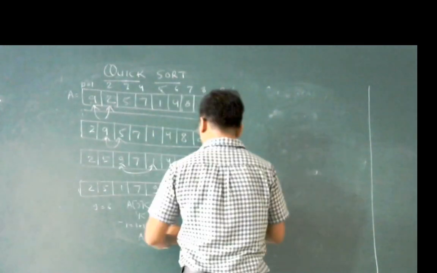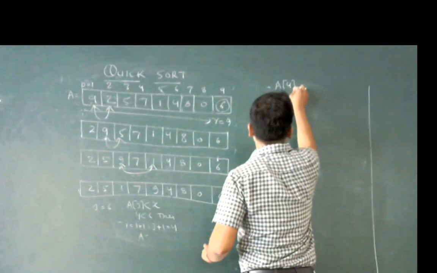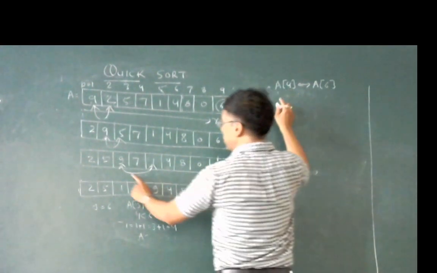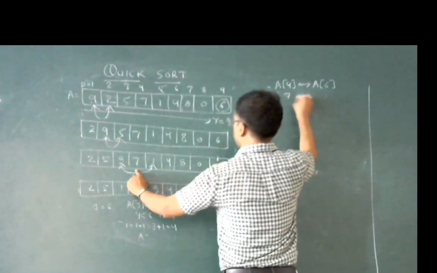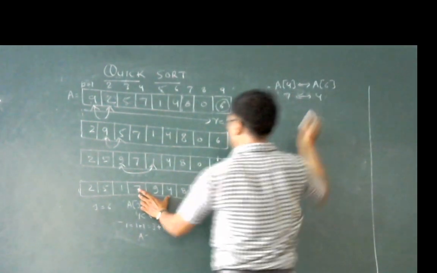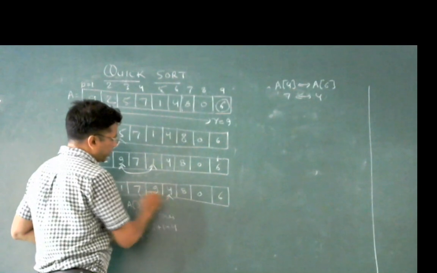Okay, so here a4 will be swapped with a6. So a4 is equal to 7, and 7 will be swapped with a7, which is 4. So at this position the swapping will take place.